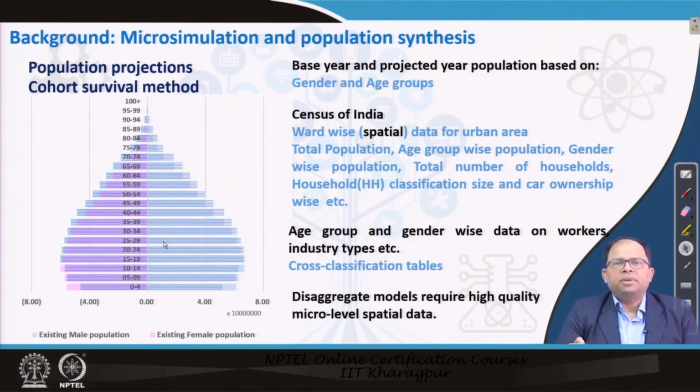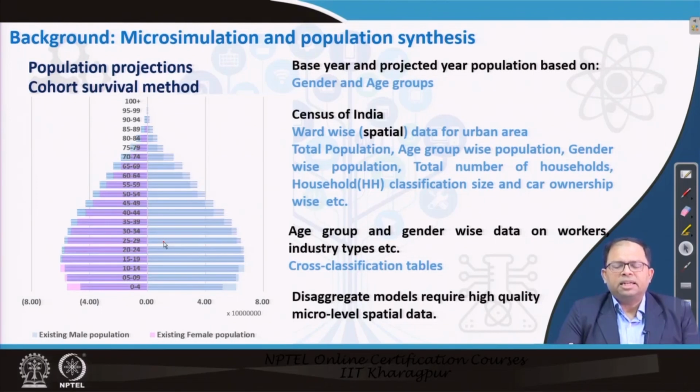When we look at Census of India, we see that the data provided is ward wise. That means ward is the spatial zone that we are talking about, and the data that we see is the total population, age group wise population, gender wise population, total number of households, household classification, of course based on the number of people living in those households, based on household size, and car ownership of those households.